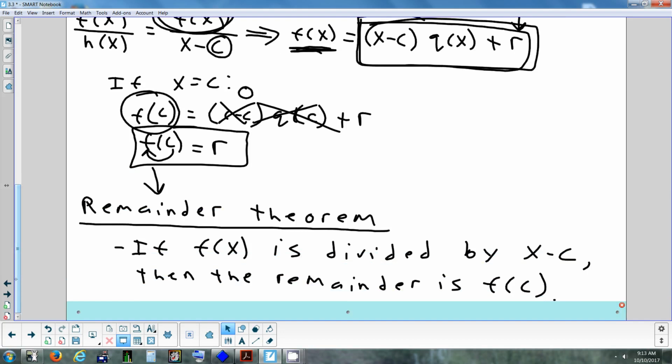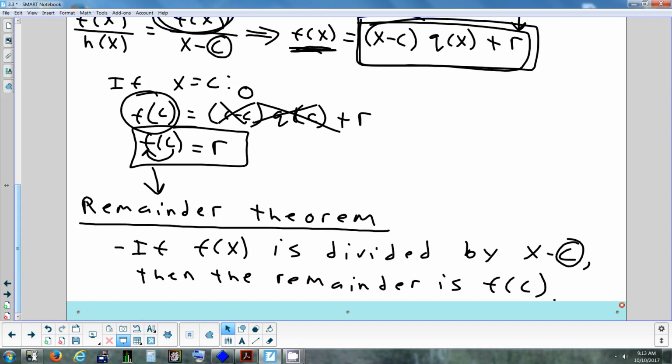So the remainder theorem says that if you take a polynomial and you have to divide by something linear, the way I taught it to you, it doesn't work for something like x squared minus 5. It's got to be like x minus 5 or x plus 7. But if you divide by something linear, take what comes after the minus sign, plug it into your numerator, and that just happens to give you the remainder.